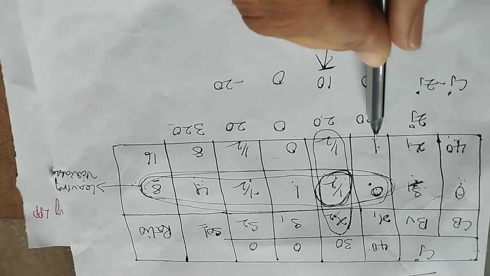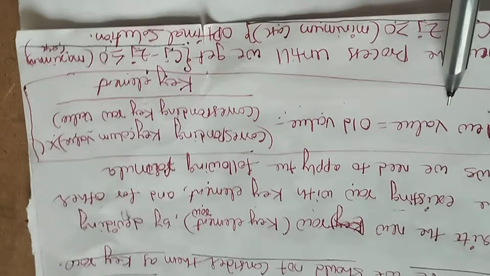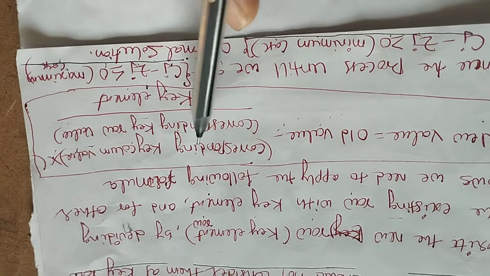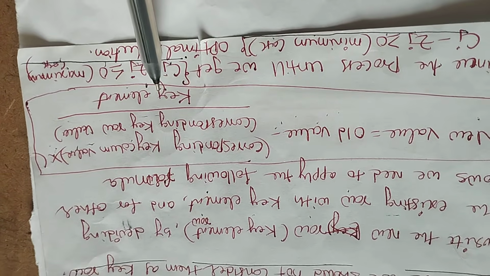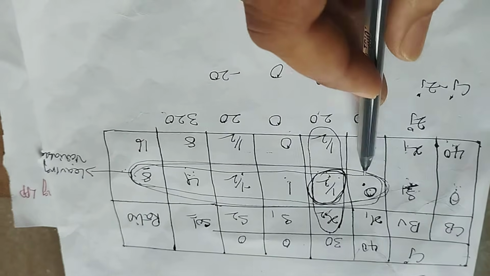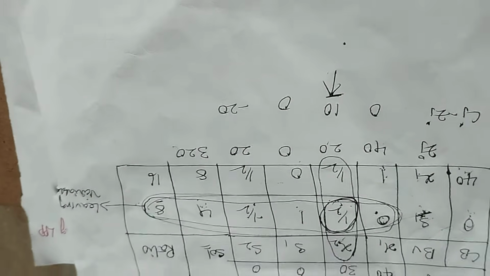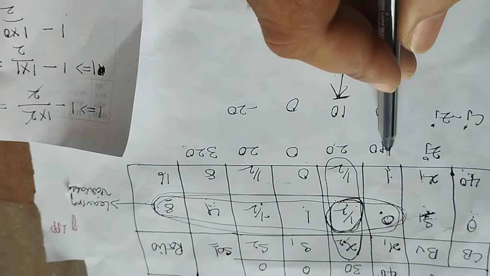Now to find the new values of the other rows, the formula is to be applied. What is the formula? New value is equal to old value minus corresponding key column value into corresponding key row value divided by the key element. We need to apply the formula for each and every value in the rows other than the key row. What is the first value? 1.